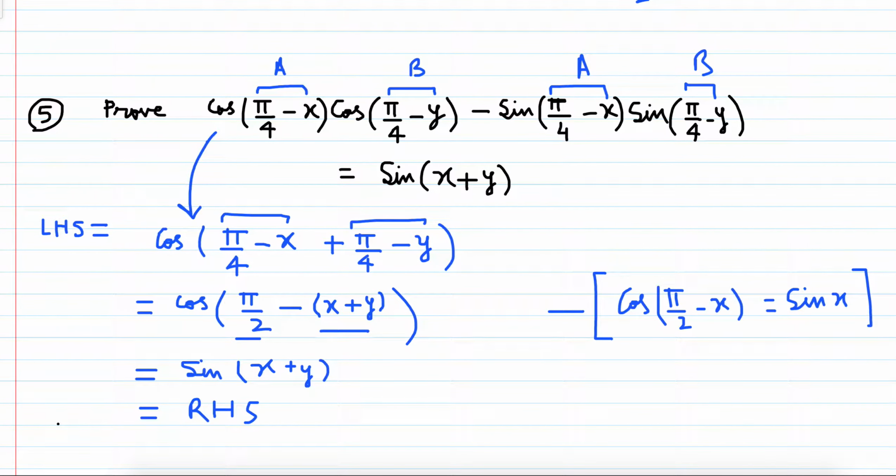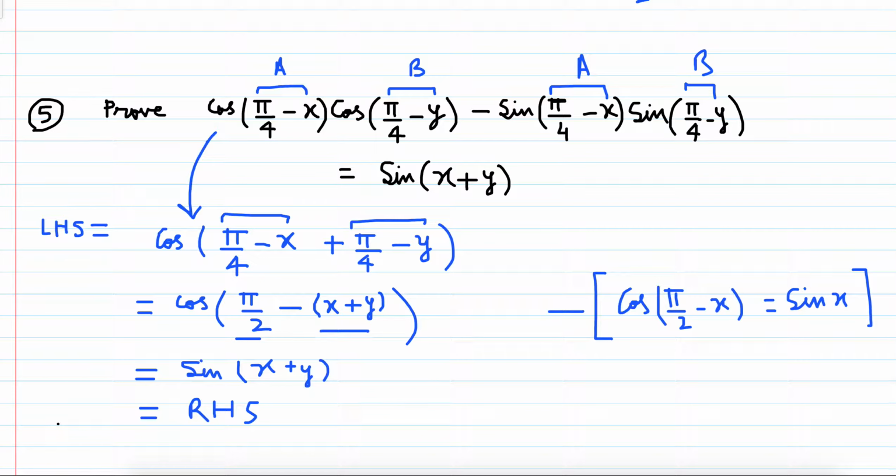If it would not have clicked in the first instance that this is directly in the form of cos A cos B minus sin A sin B, you could have expanded these terms, and it would have been a long method, but you'd ultimately get the solution.